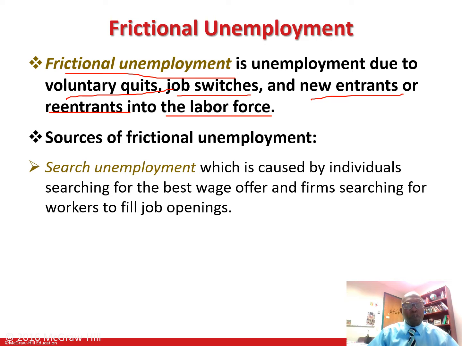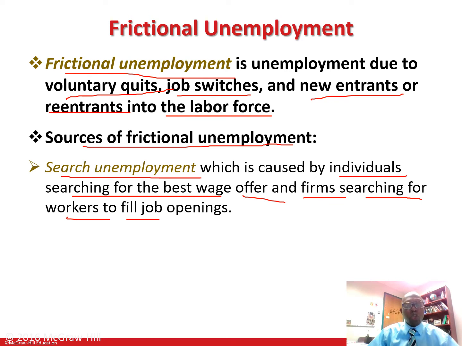Sources of frictional unemployment are due to search unemployment, the time spent looking for a job, which is caused by individuals searching for the best wage offer and firms searching for workers to fill job openings.